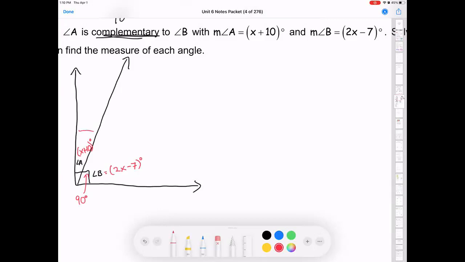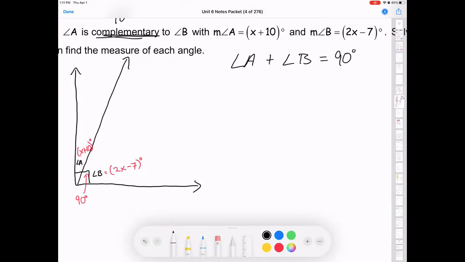If I take these two angles and combine them together, I get the 90 degrees that I need. That's where angle A plus angle B is going to sum up to 90 degrees.